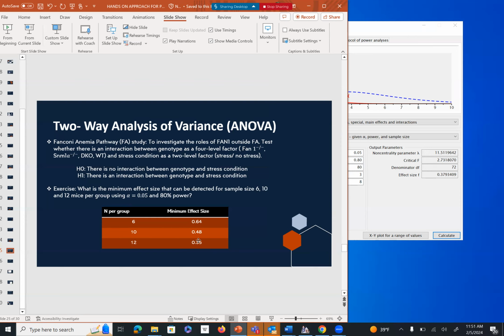So if you have 12 individuals in each, or 12 mice according to the study, in each age group, then you will be able to see a minimum, a medium effect size interaction between the genotype and stress conditions.